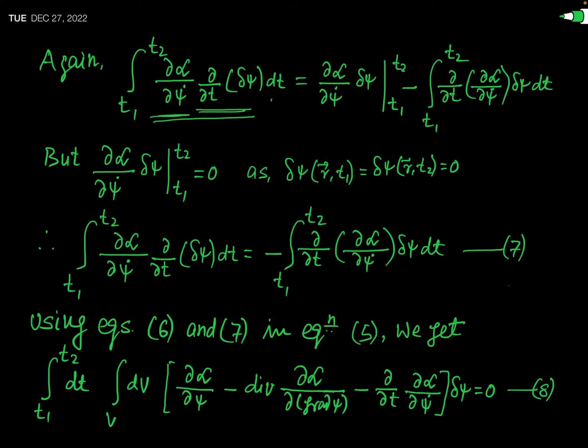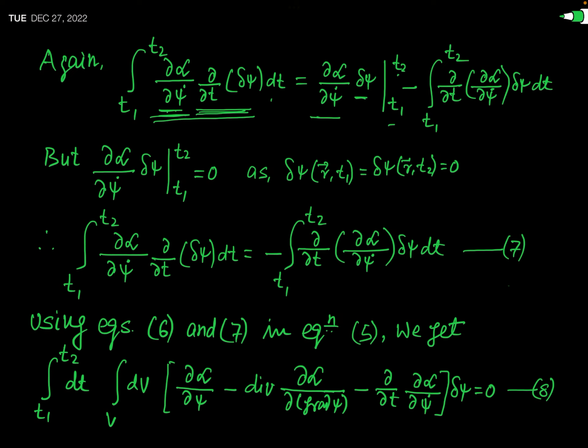So you will write first function, del L by del psi dot, into the integral of the second function. The second function is del del t delta psi, and its integral with respect to t will be simply delta psi. So this is del L by del psi dot delta psi, and limits are t1 and t2, minus the integral of the differential of the first function. This is your first function, del L by del psi dot.